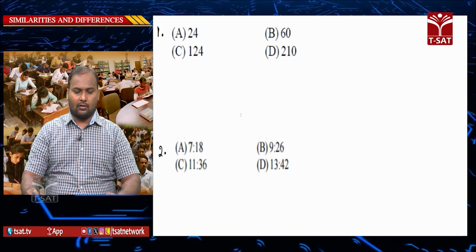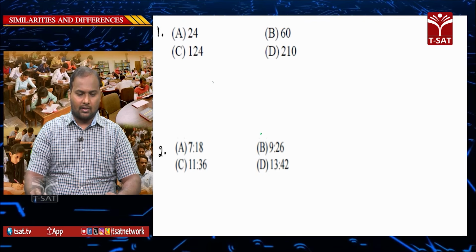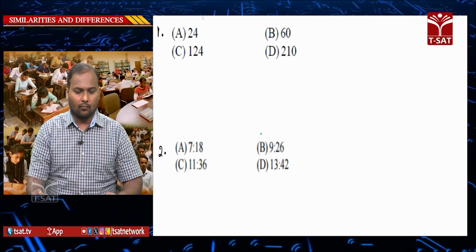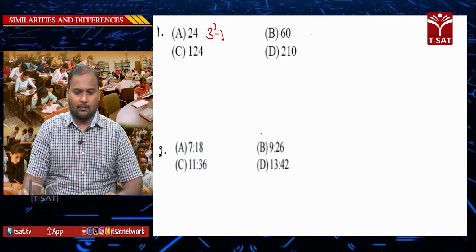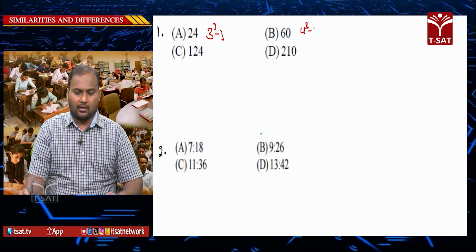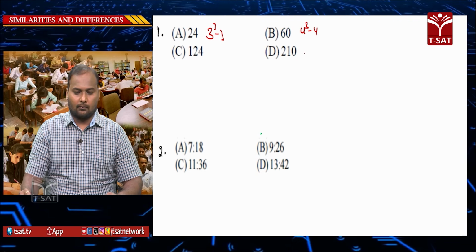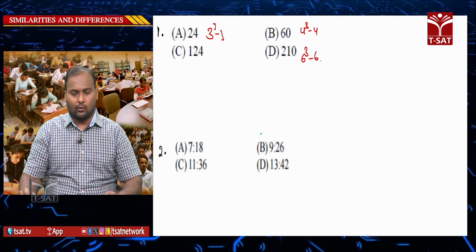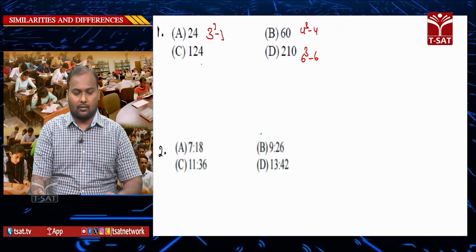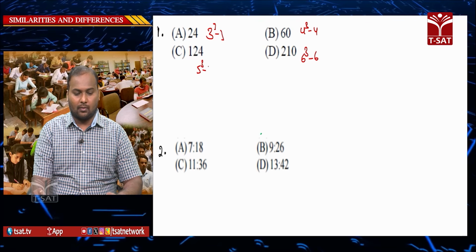I can write 24 like 3 cube minus 3, and 60 I can write like 4 cube minus 4, and 210 I can write like 6 cube minus 6.